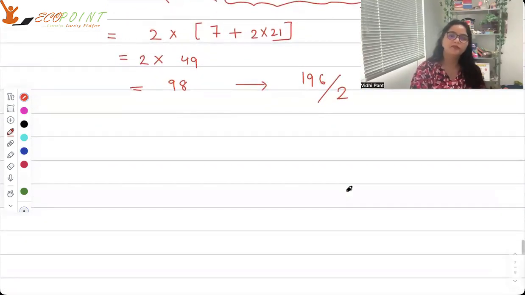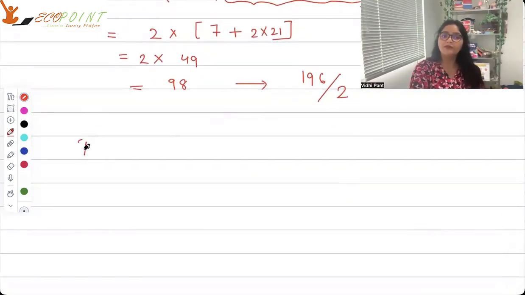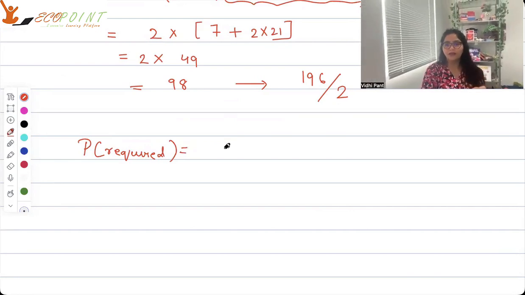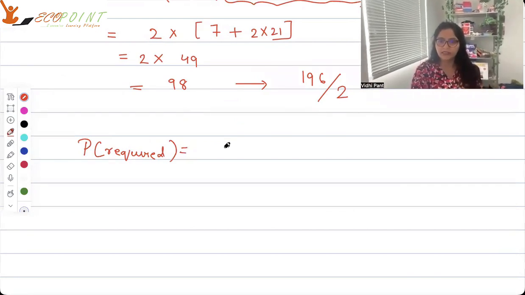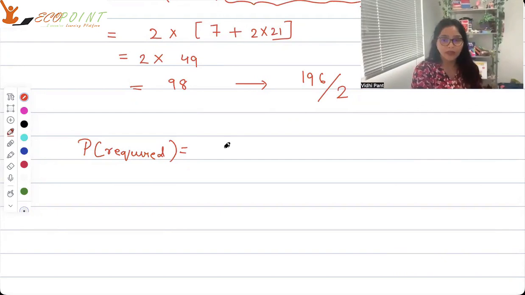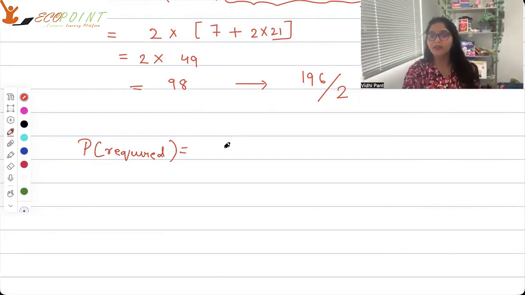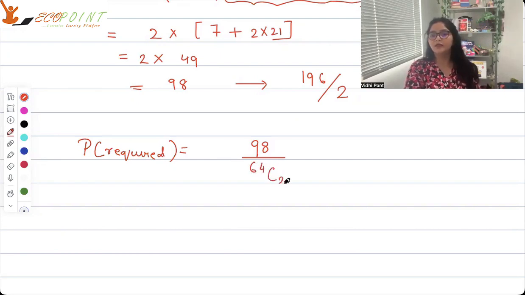Now, in terms of probability, the required probability, this time we have taken half of the cases, or we have considered pairs. So ordering doesn't matter, and this is a case of combinations. Your favorable cases are 98. And what are your total cases? Your total cases will be 64C2.